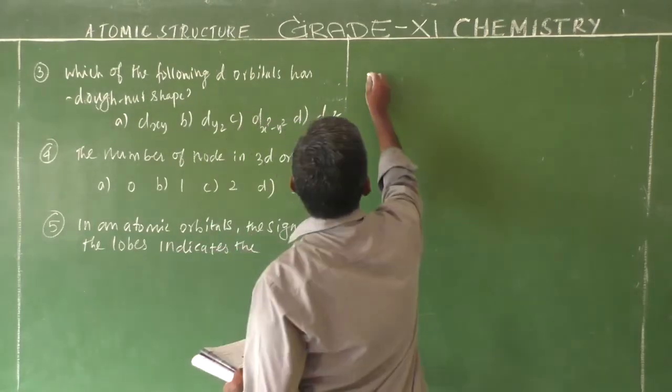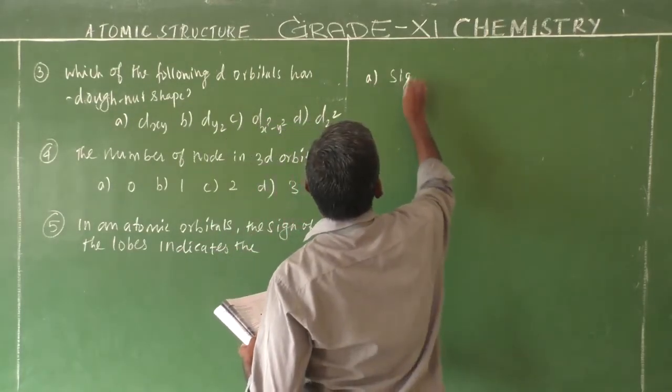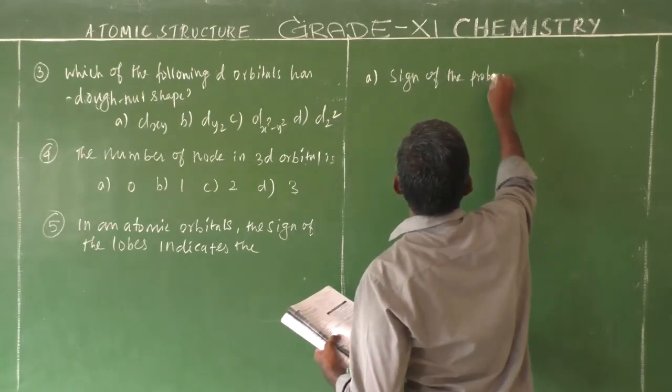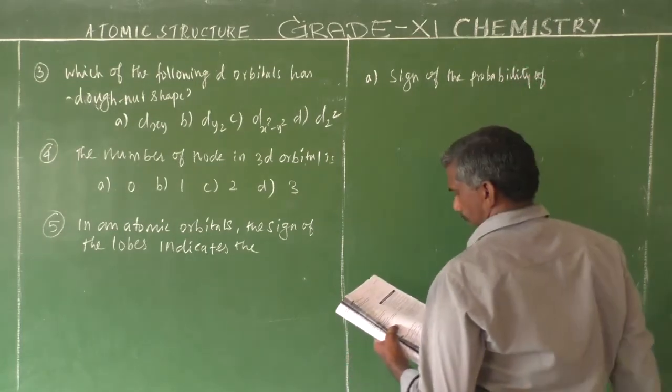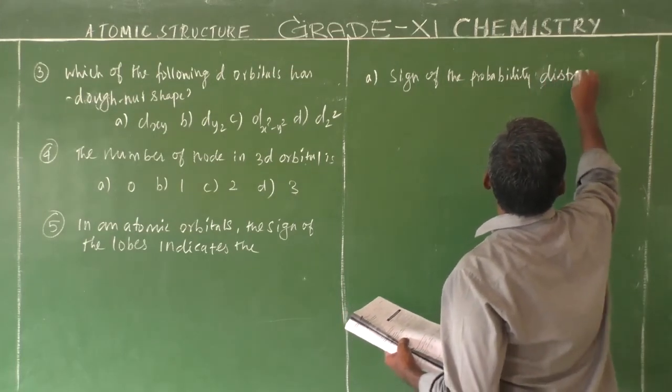Option A, sign of the probability distribution.